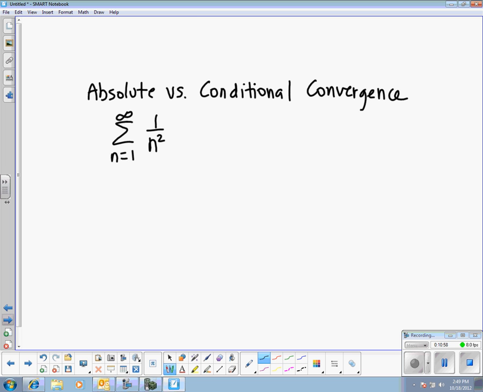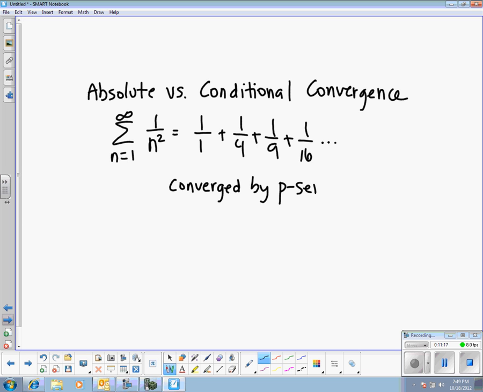This was 1 over 1 plus 1 over 4 plus 1 over 9, 1 over 16. This converged, even though the terms were all positive, this converged by the P-series test. If it converges and all the terms are positive, that's called absolute convergence.